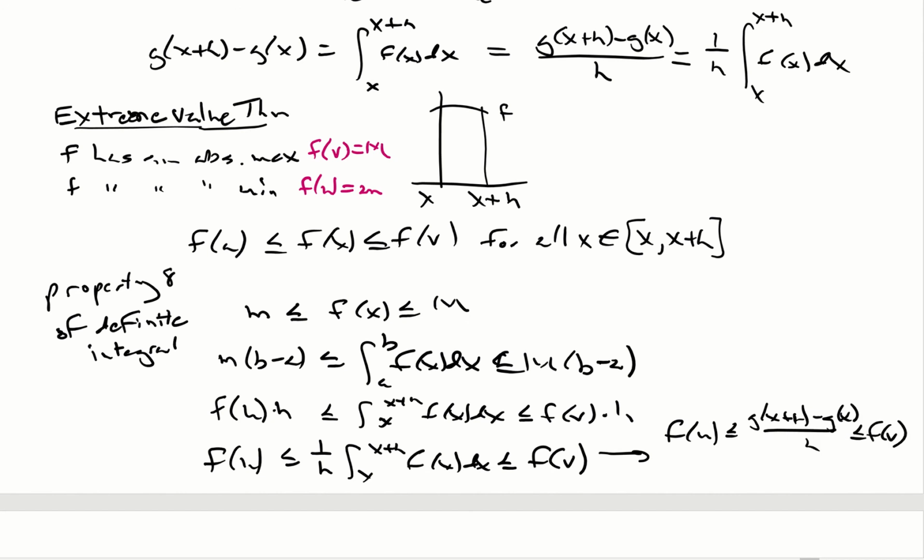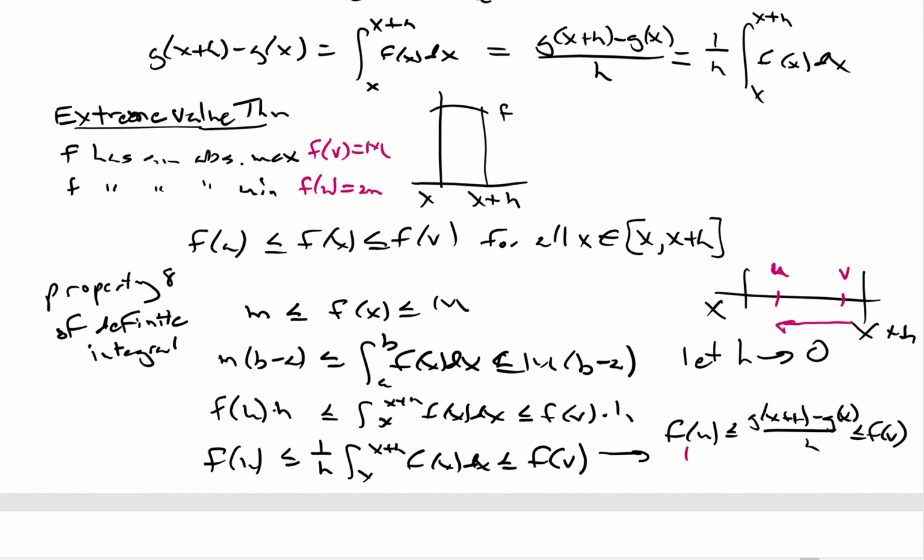Okay, here's where you let h go to 0. Okay, and you look at an interval and you go, okay, here's x and here's x plus h. And in this interval is the max and the min somewhere. So this could be u, where the min occurs, and this could be v, where the max occurs. But as h goes to 0, this gap gets smaller and smaller and smaller.